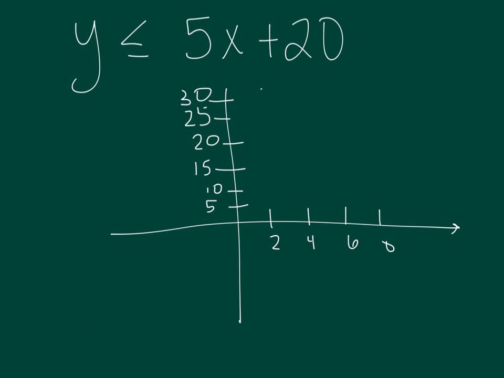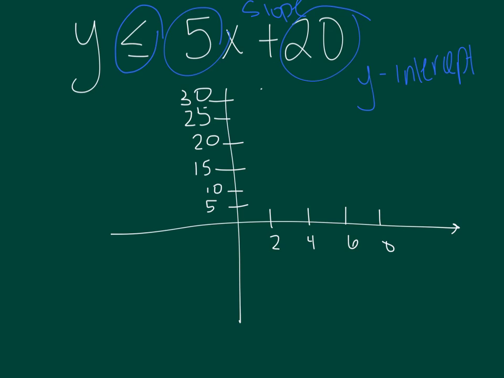Here's another example. We have y is less than or equal to 5x plus 20. 5 is our slope. 20 is my y-intercept. And we know we're going to shade below. And have a solid line.